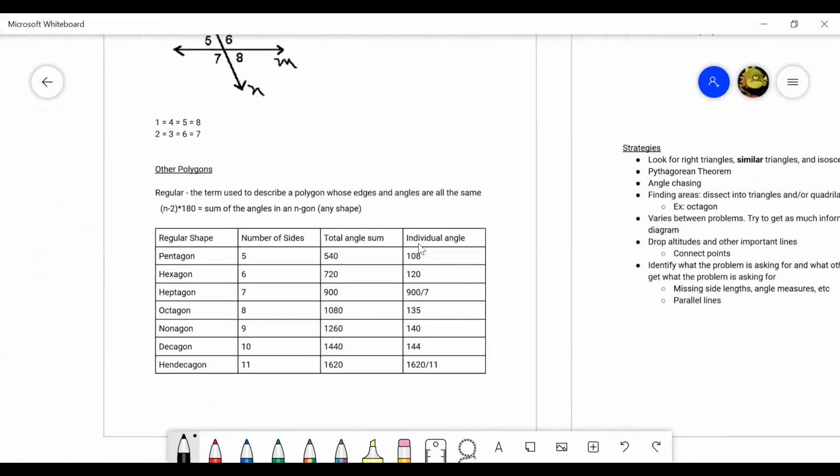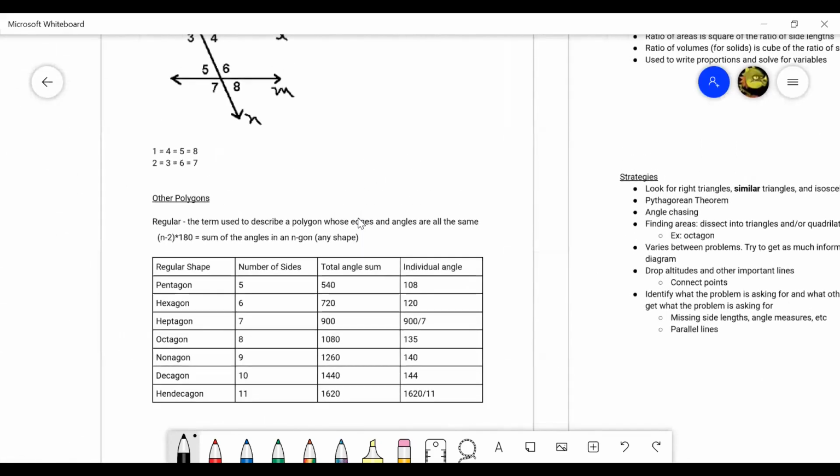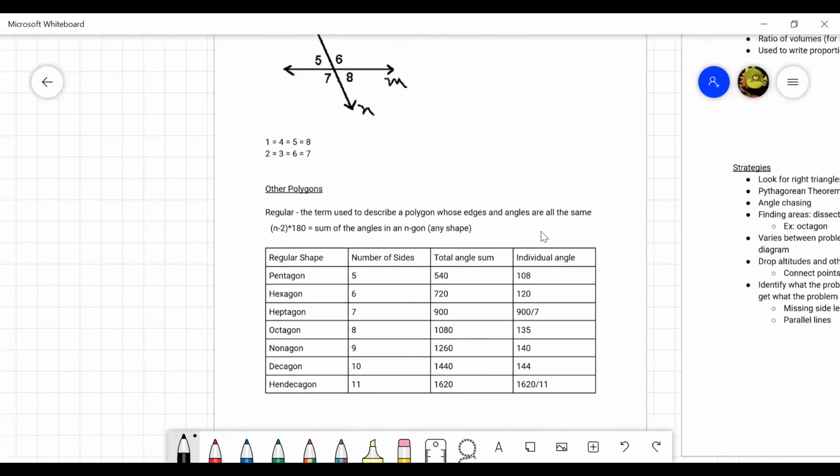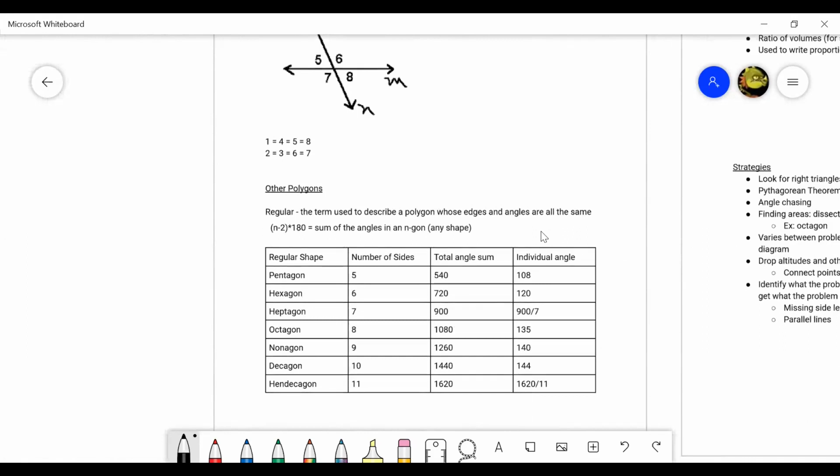So beyond triangles and quadrilaterals, there are lots of other polygons, and they just have a lot more sides. Most of the ones you'll see are going to be called regular, and that means that the sides and angle measures, basically each side length and each angle, are going to be the same.